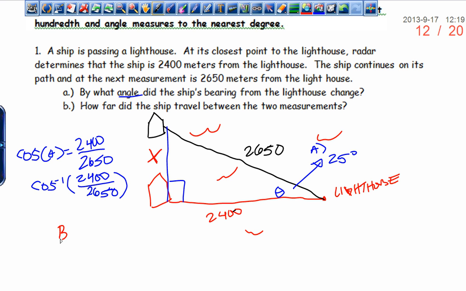So how do I do B? Pythagorean theorem, right? 2,650 squared minus 2,400 squared. Then I need to take the square root.